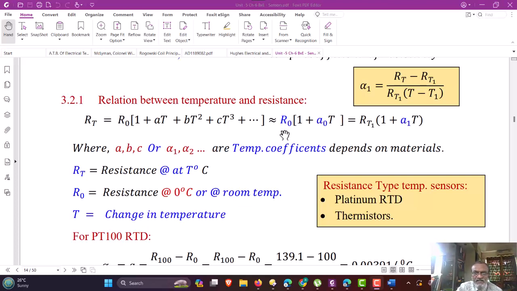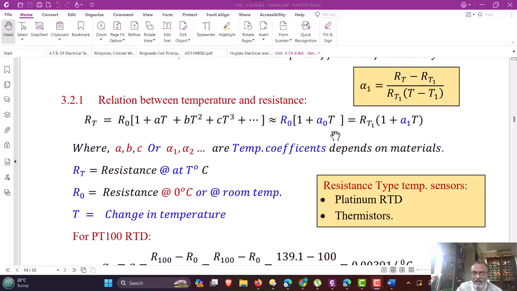So this relationship tells us that the resistance of a material at T degree centigrade, that is RT, is R0 into bracket 1 plus alpha 0 T, where R0 is the resistance at 0 degree centigrade. In this equation, you can replace R0 by RT1 also. So reference can be taken as 0 degree centigrade or reference can be taken as T1 degree centigrade.